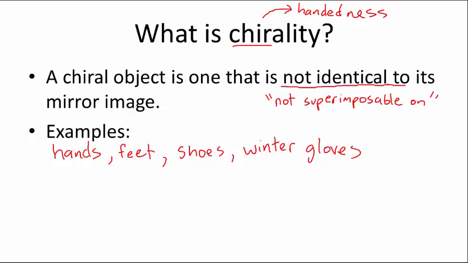Some other things that are chiral: almost all of the structural molecules that you're made of. Not counting the water. Water is not chiral. But most of the organic molecules that you are made of are chiral.